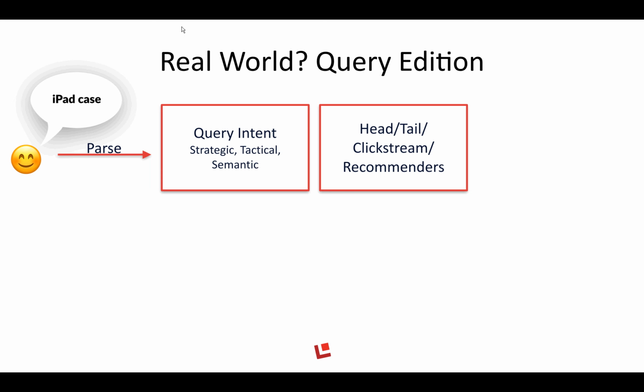One of the things that we've been working on here at Lucidworks is when you actually do an analysis of these head-tail relationships, you very quickly realize that a lot of the tail queries are actually related to the head queries. So if the head query is iPad case, the tail query might be, silver iPad Pro case with unicorns on the front.